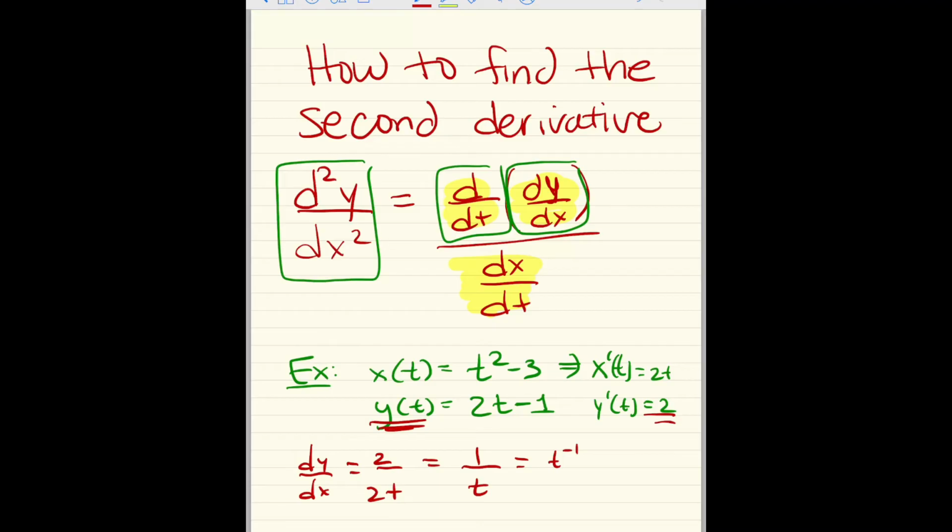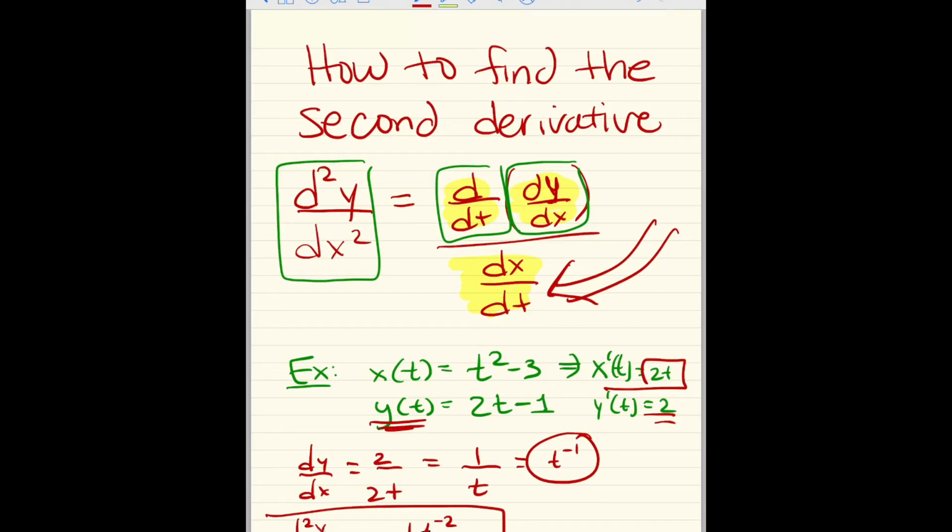So what do we do to find the second derivative? d2y over dx squared is going to be the derivative of this, which is negative 1 t to the negative 2, divided by the derivative of the x, which is 2t. Okay, I'm going to leave it like that, but I just wanted to show you how to do it. So you take the derivative of the derivative, and then you divide it by the derivative of the x with respect to t.